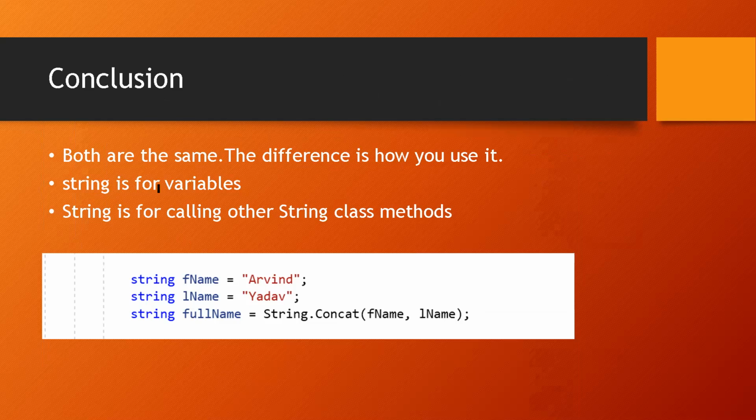Small string is for variables, capital String is for calling other String class methods. For example, string firstName is Arvind, string lastName is Yadav, string fullName equals String.Concat. Here String is capital and we pass firstName and lastName.